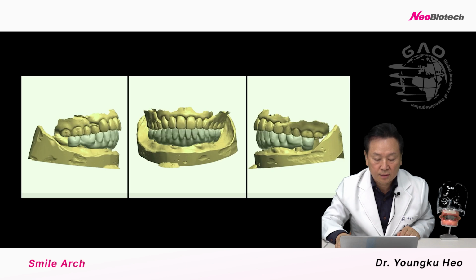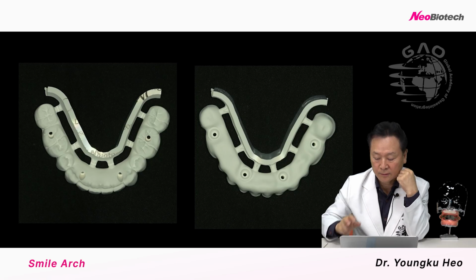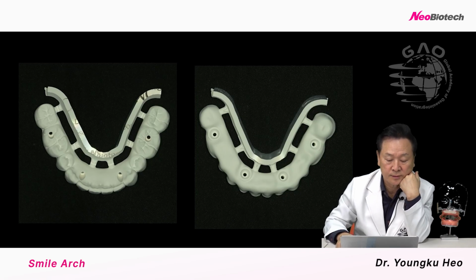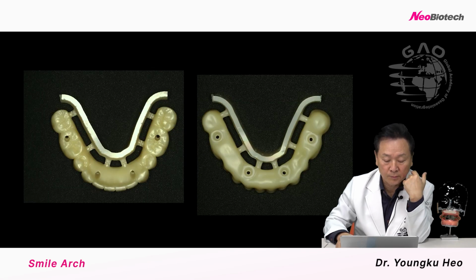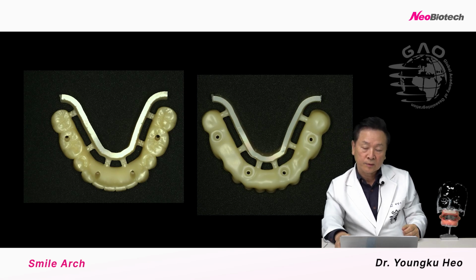So we're using this full monolithic zirconia without the framework. There are many ways to design this full arch monolithic zirconia, but it's easy to break. So we have to be very careful to design this kind of restoration.